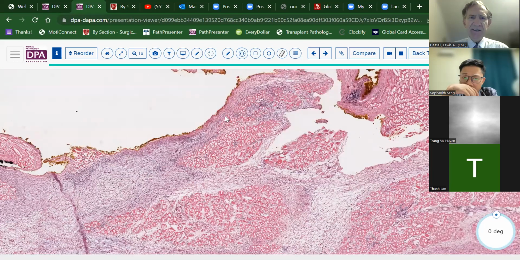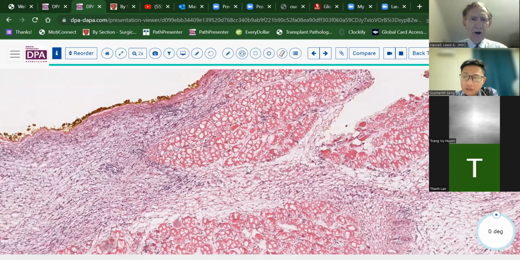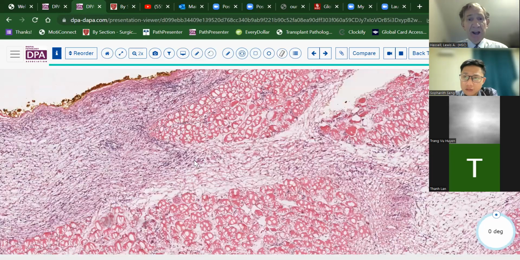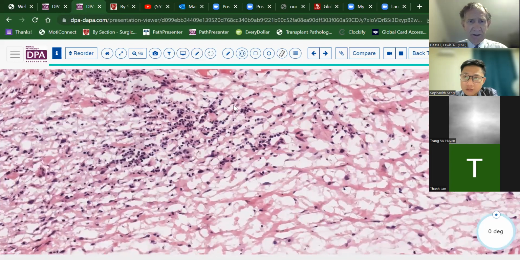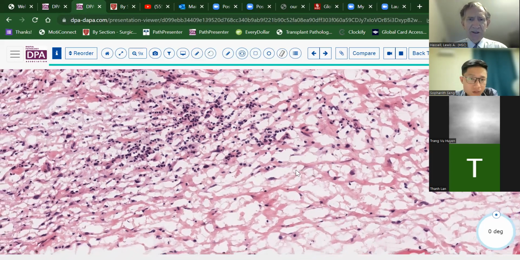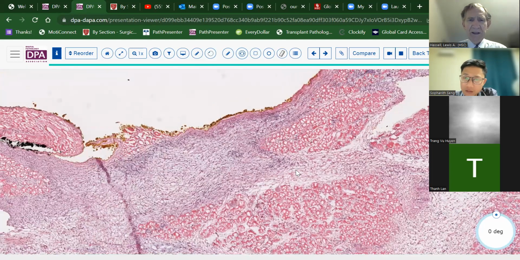And this very insidious pattern of growth in this tumor makes it exceptionally difficult for the surgeon to tell what is tumor and what is not. And even for us sometimes, if you go down on a high power area like this, well, this just may be some inflammatory changes in some stroma. So it's not always really easy to tell what we're dealing with in terms of margin.